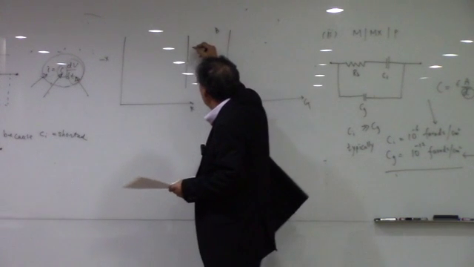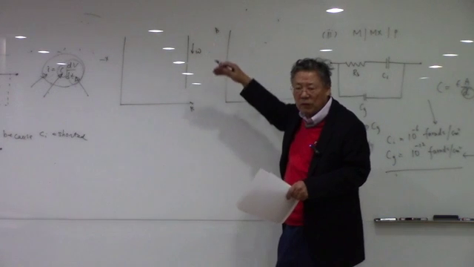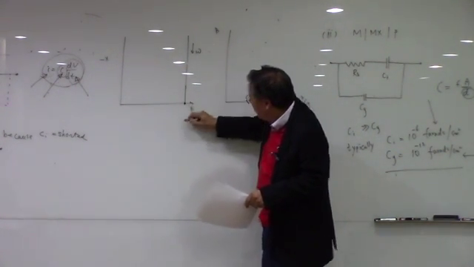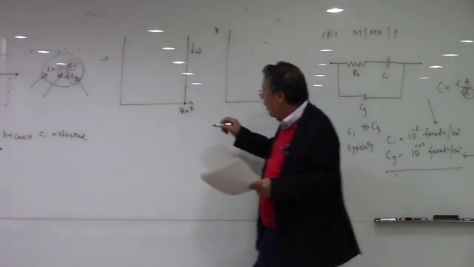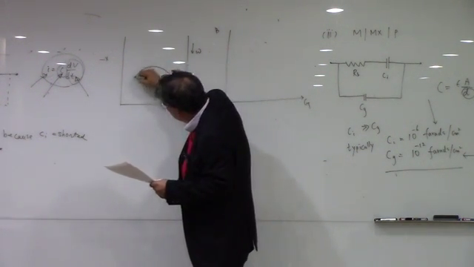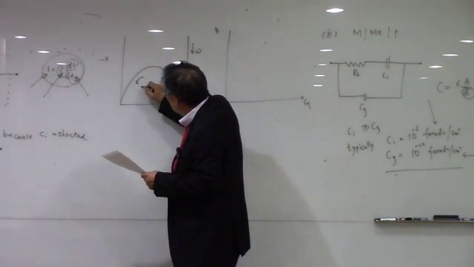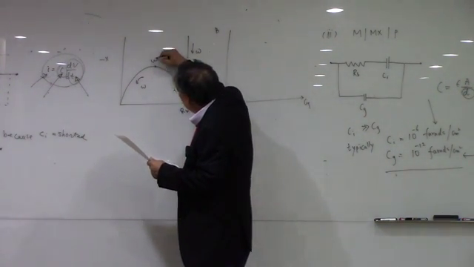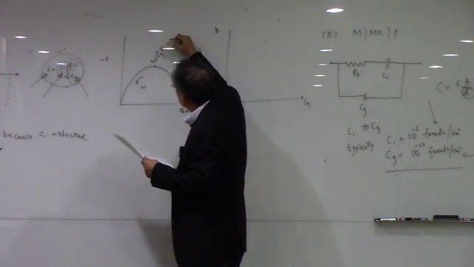At low frequencies. So we change the frequencies from low to high, and then you're going to have a straight line, and the point here is going to correspond to the R, also B. Okay, and then if you increase the frequencies further, then it'll move like this, and the maximum point here is going to be omega Cg Rb is equal to 1.